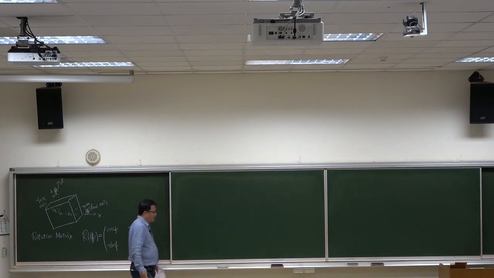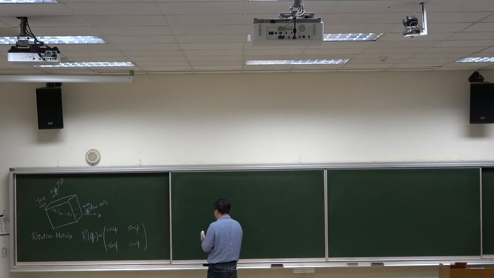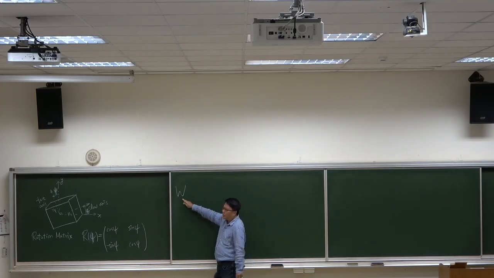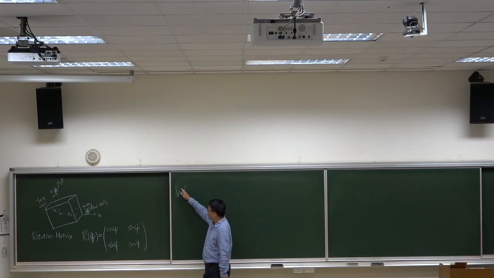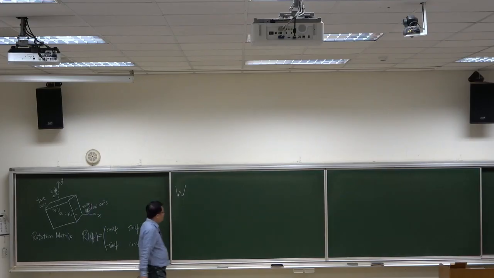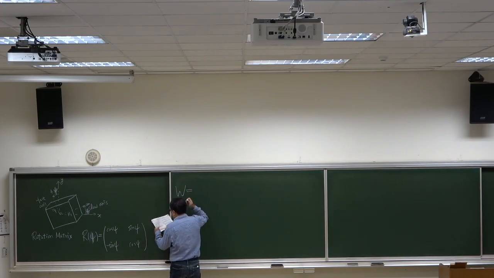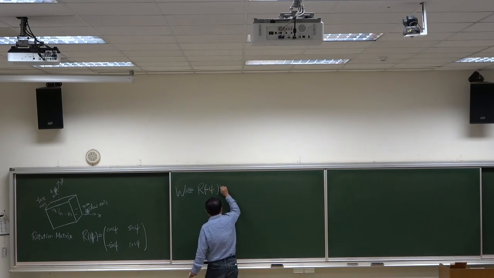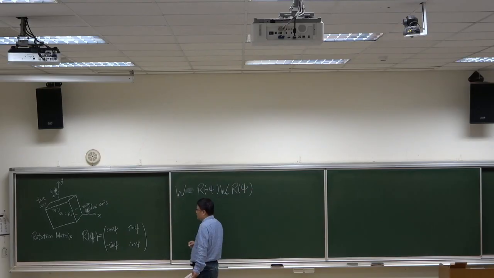this wave plate can be represented by a matrix W. W 的意思英文就是 wave plate，所以 W 是 wave plate。It can be written as R minus psi times W0 times R psi. Okay.